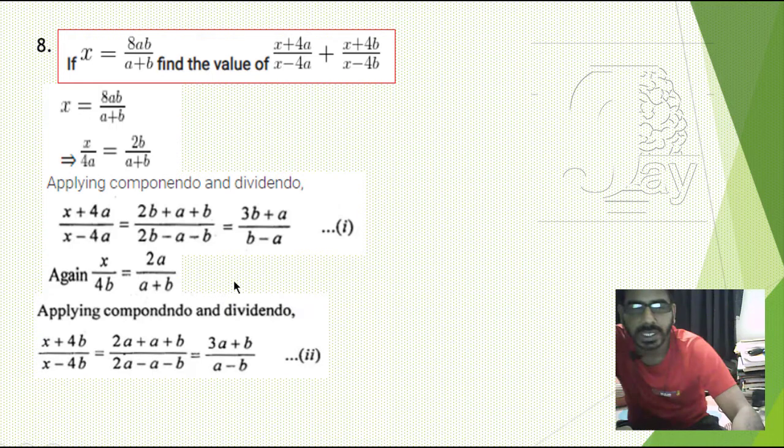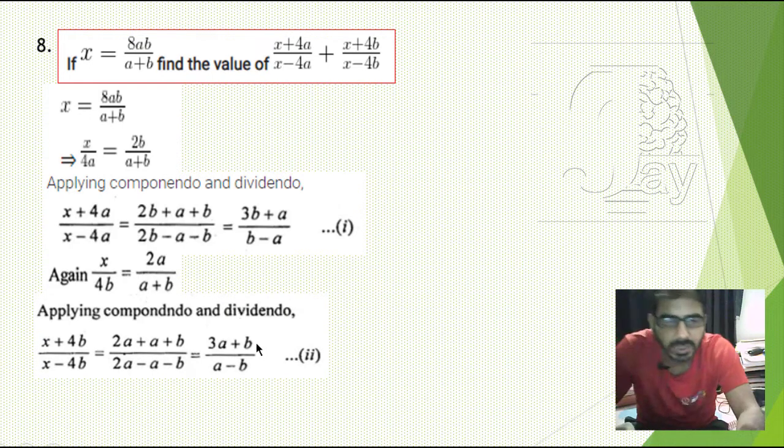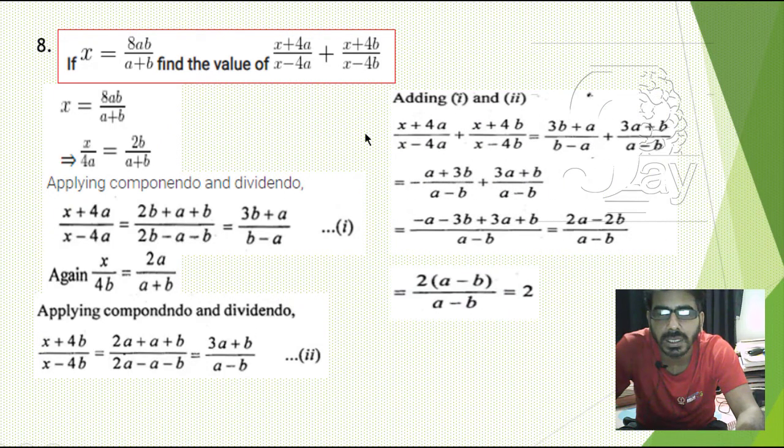Again we take componendo and dividendo, we get the second one, (x plus 4b) by (x minus 4b) equals this. Now we need to add them. On adding and simplifying, we get the whole term is equal to 2. So 2 is the answer, that is the value for the given expression.